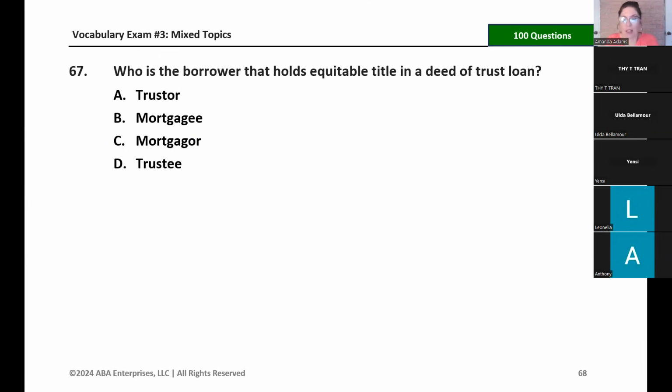We spent some time talking about this one. Now remember, a deed of trust is a type of security instrument for a mortgage loan. It's a 3-party instrument.